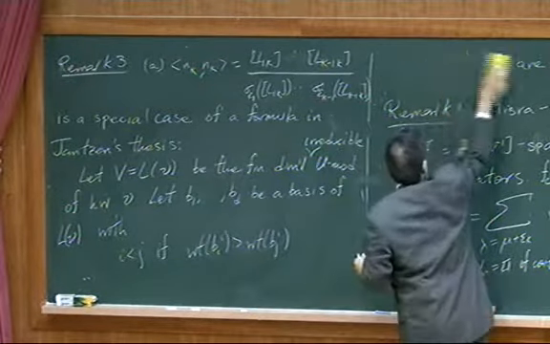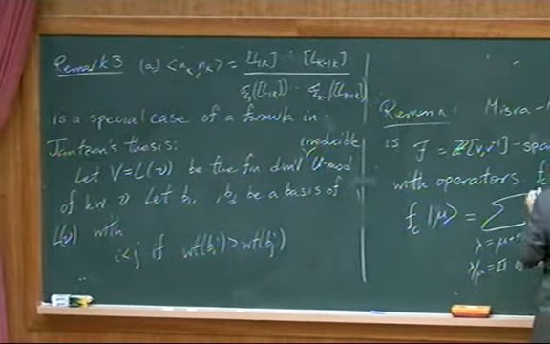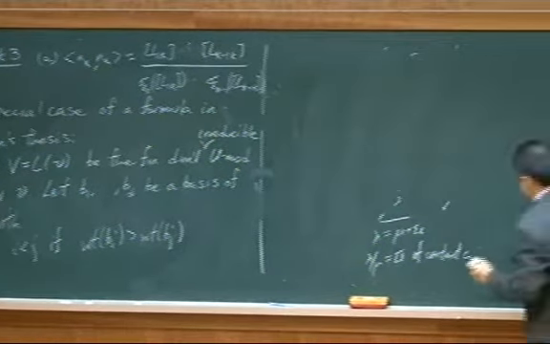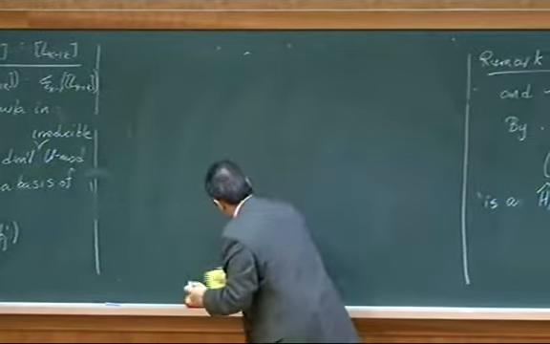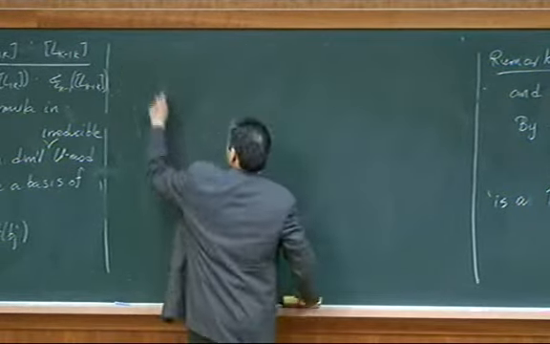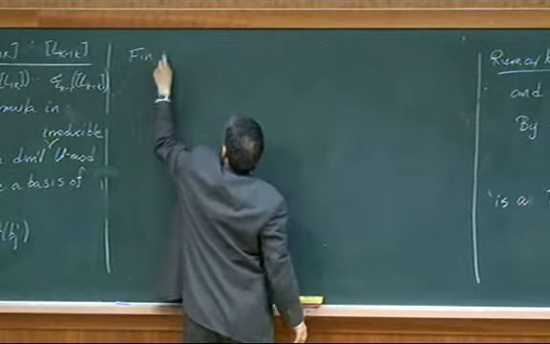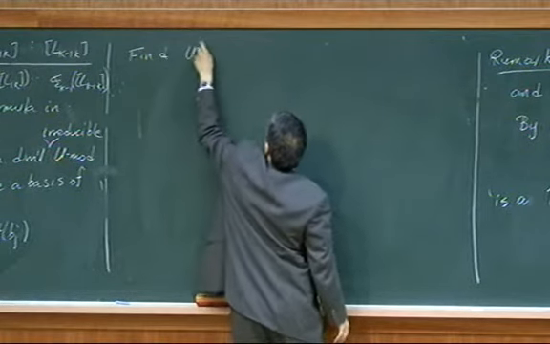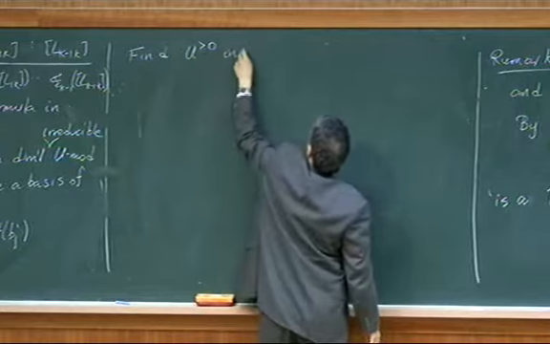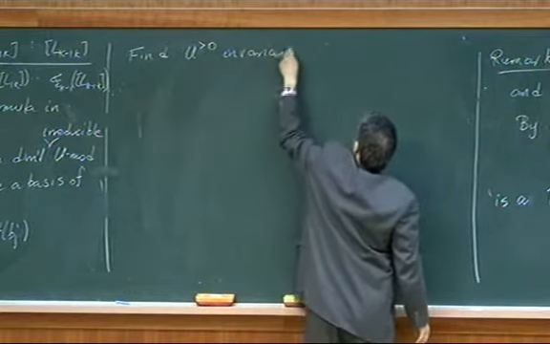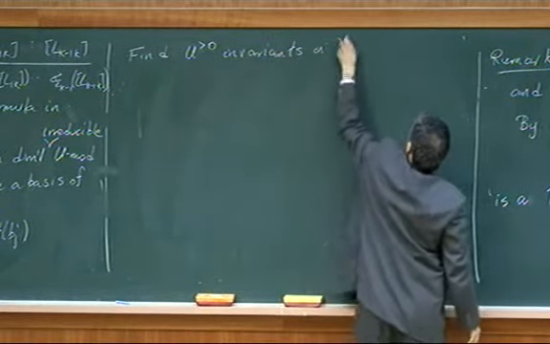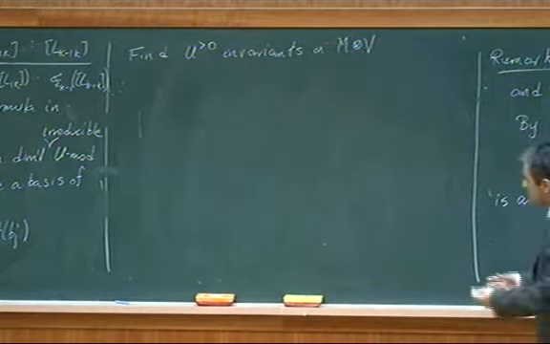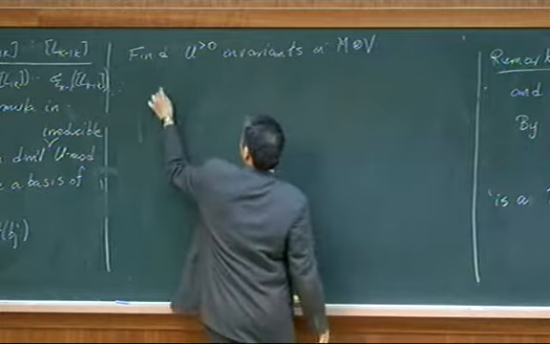All right. So then, of course, I can play the translation game. And this is exactly what Janssen says to do. He didn't use the same language, but it's the same construction. So find u greater than 0 invariants in M tensor V. M is still the universal Verma module. We just write them down. We just compute.